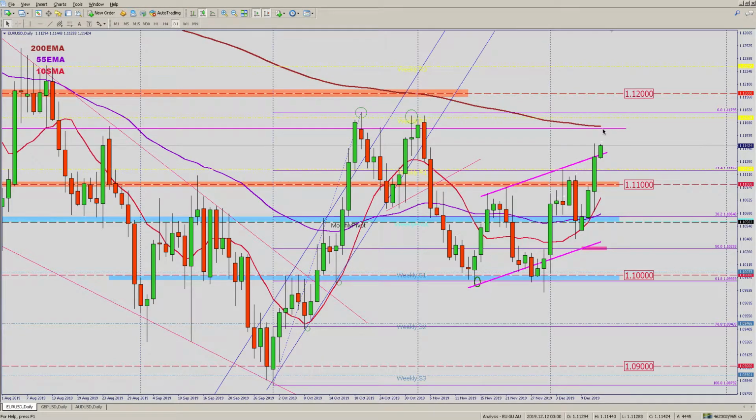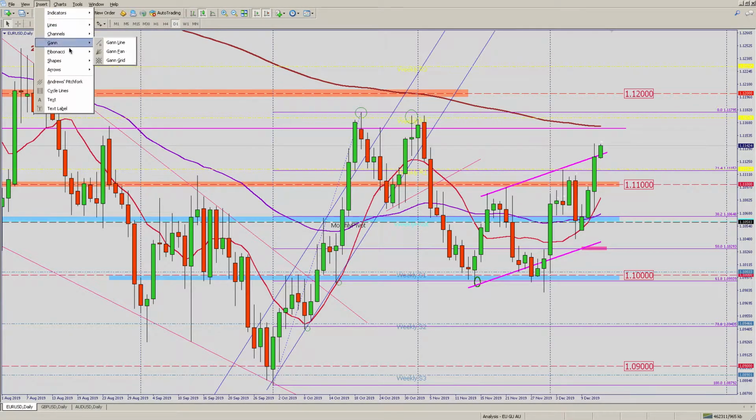So now it could try to target this previous swing low area at 111.61, along with the daily 200 EMA at 111.64, and just above that was previous resistance, a strong resistance level at the weekly R2 pivot level at 111.73.